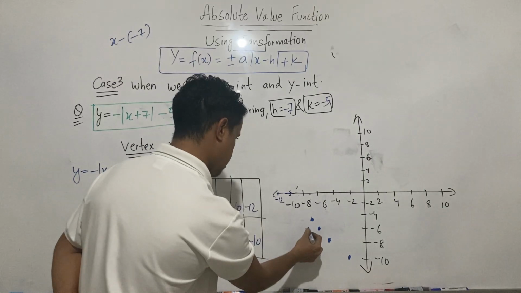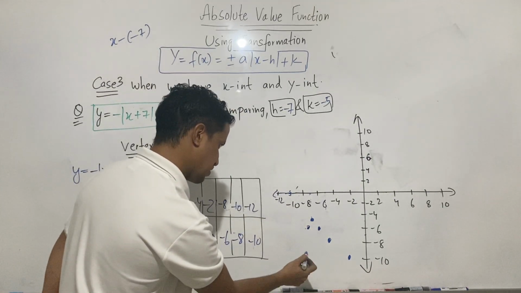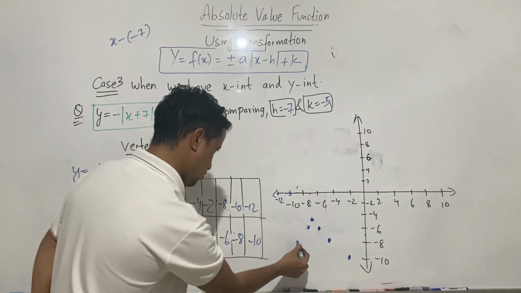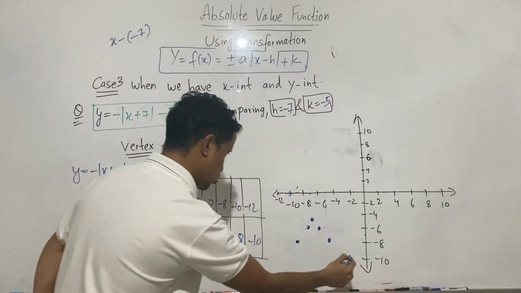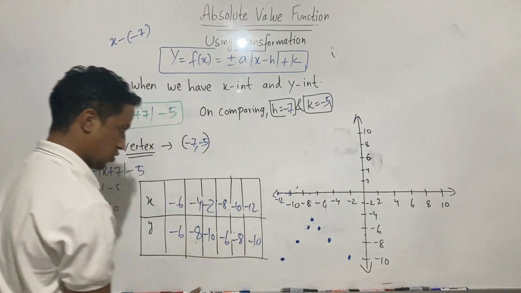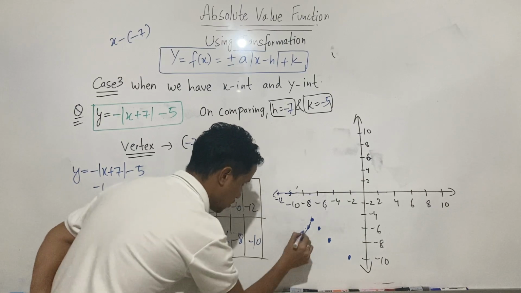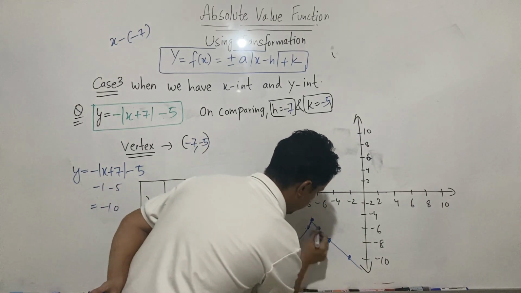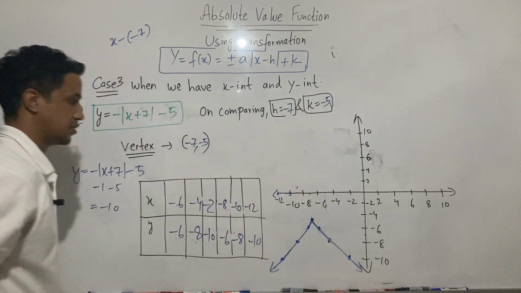Minus 10, minus 8 is going to be here. And minus 12, minus 10 is going to be here. Now if you connect all the points, your graph will be like this.